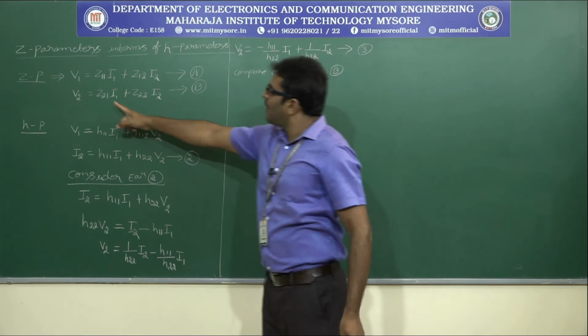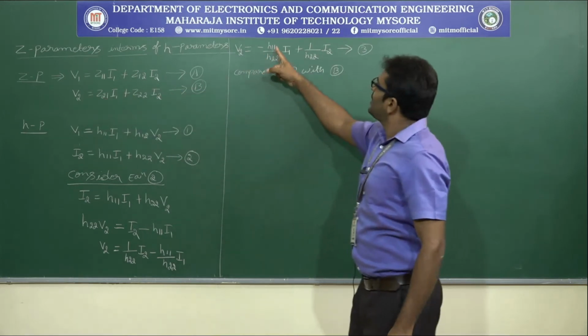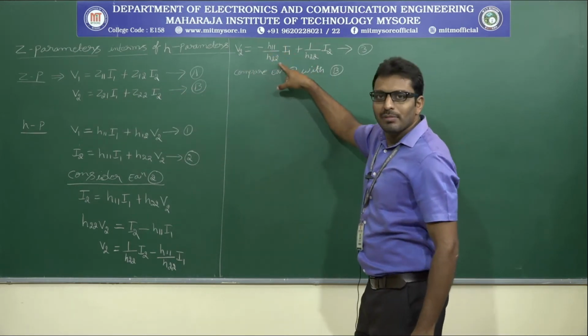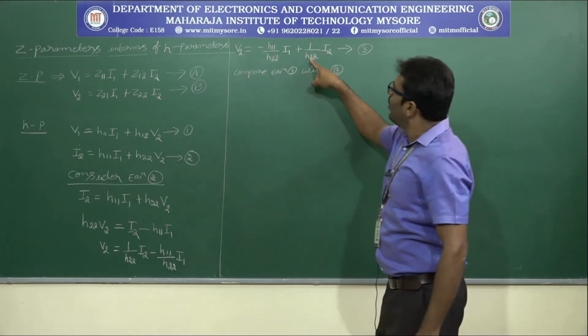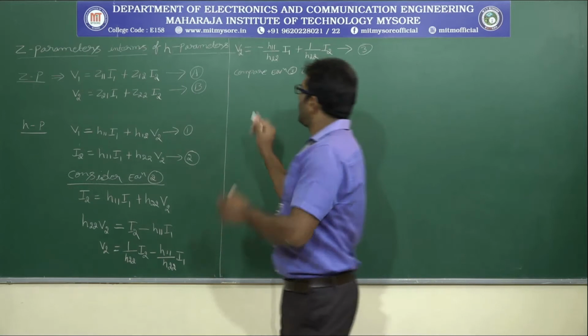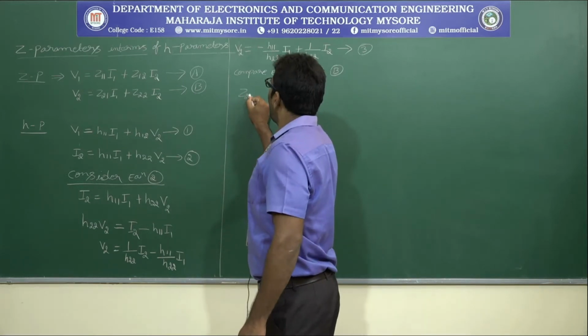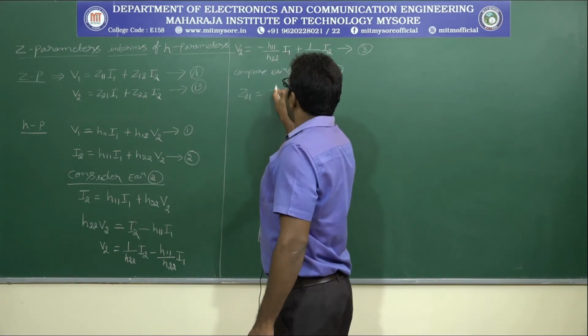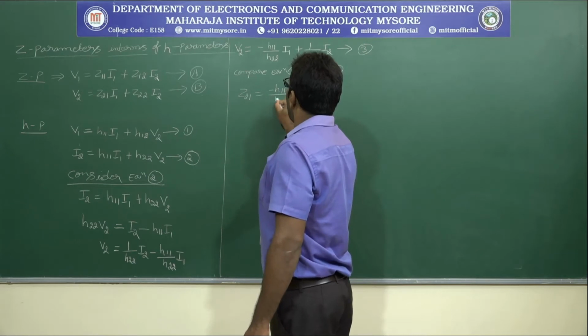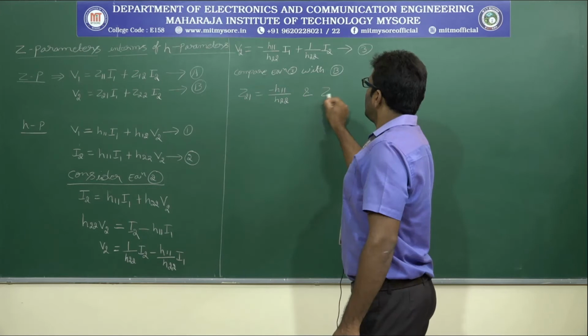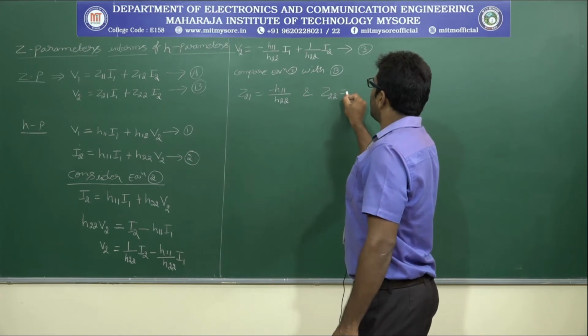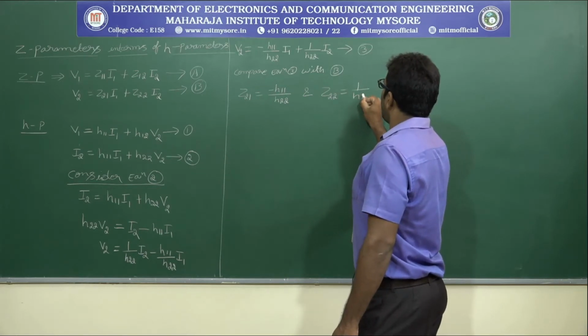Therefore, we can equate Z21 is equal to this H parameter combination. Similarly, Z22 is equal to 1 by H22. The first one is Z21 is equal to minus H21 by H22 and the second one is Z22 is equal to 1 by H22.